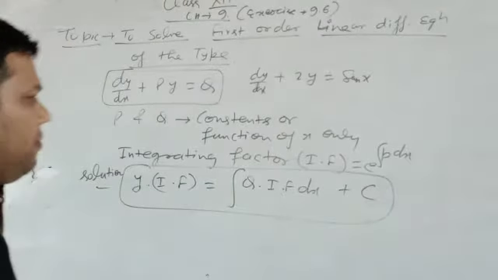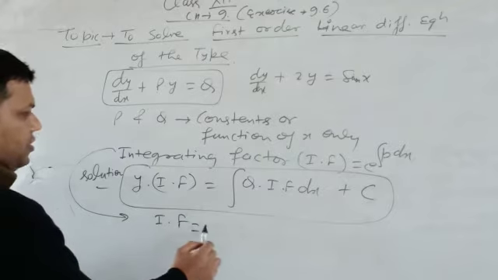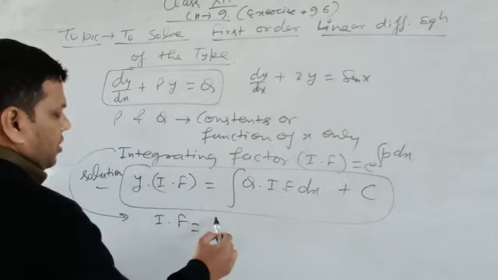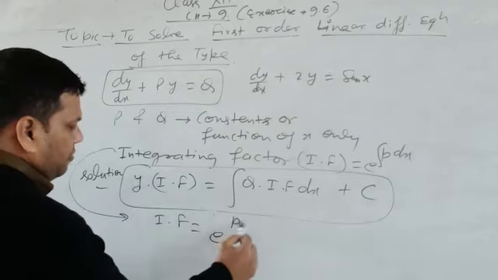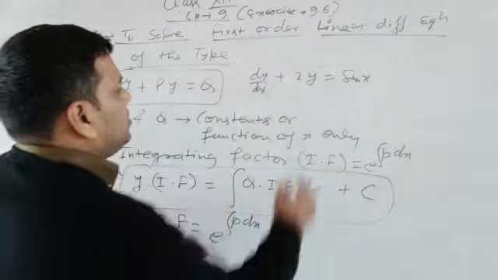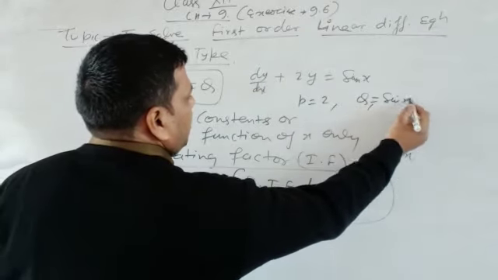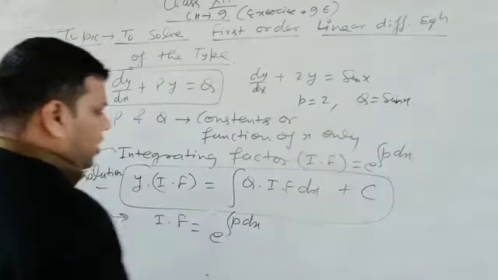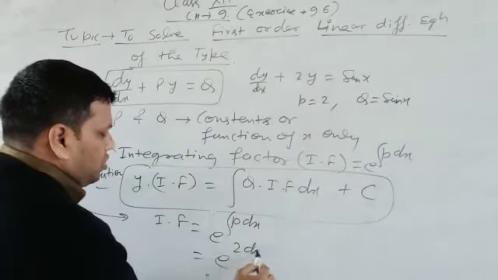So now I am going to calculate, first of all, the integrating factor. We know that it is e to the power integration of P dx. What is P? You can see that P is 2 and Q is equal to sin x. So we put P as 2 in dx.